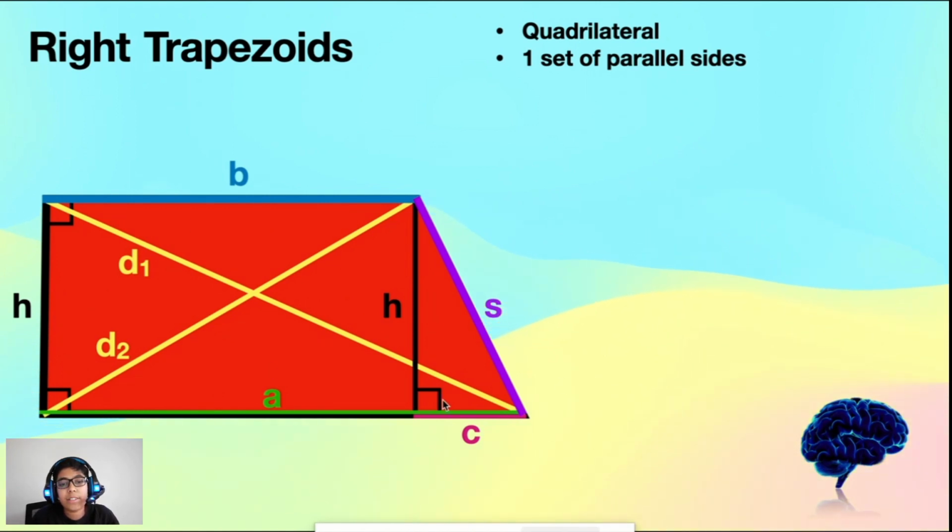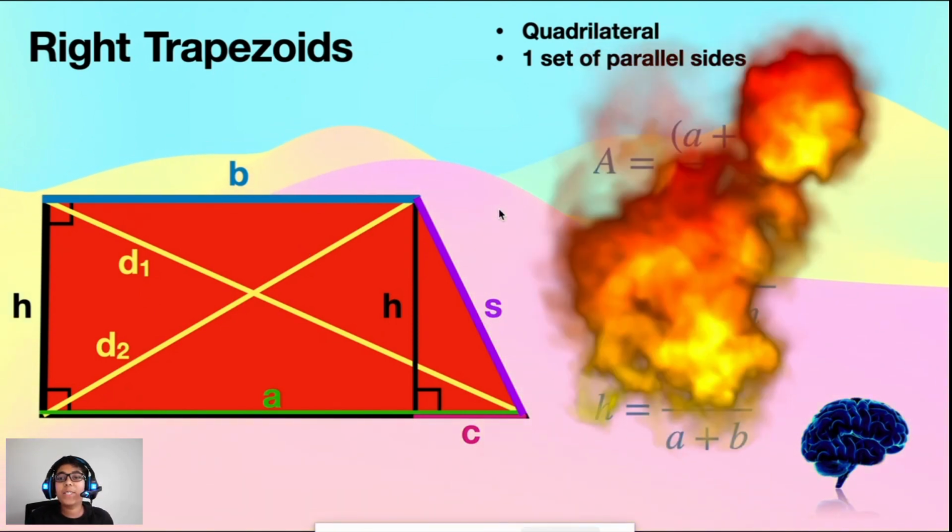Let's call this side A and this side B. The longer diagonal D sub 1, the shorter diagonal D sub 2. This side, which is called the oblique side, S, and this part right here called the oblique side projection, C, and then the height is H.